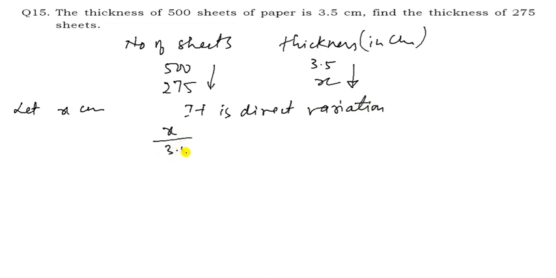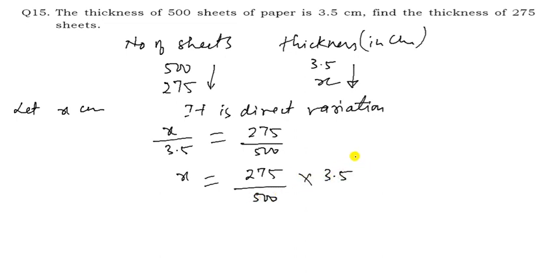So x upon 3.5 is equal to 275 upon 500. So x will be equal to 275 upon 500 into 3.5. Okay. Now removing the decimal, so 10 here. Now 5 1s are 5, 5 double 0, and 5 7s are.